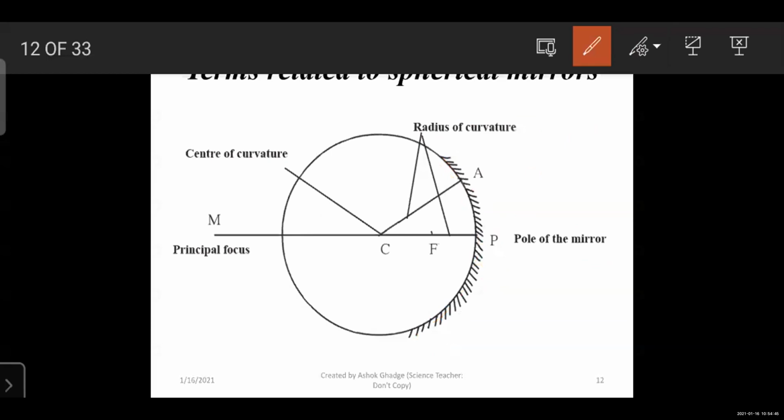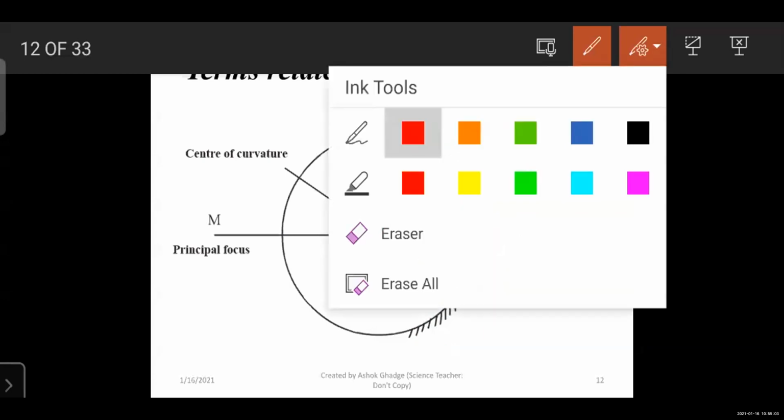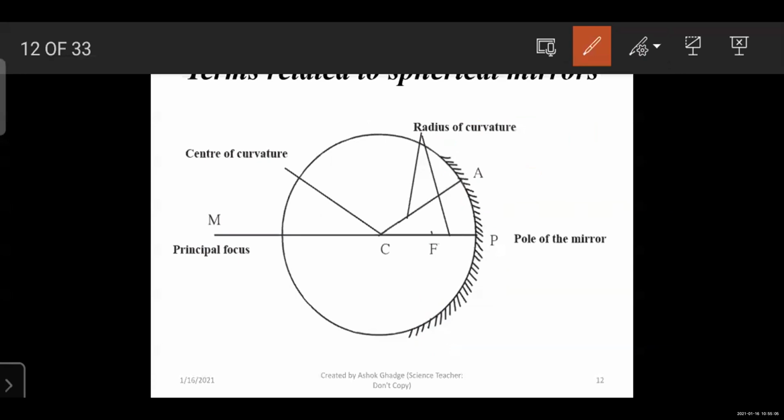Now the distance between the center of curvature and the pole will be called the radius of curvature, and the central point or the midpoint will be called capital F. It is called the principal focus.